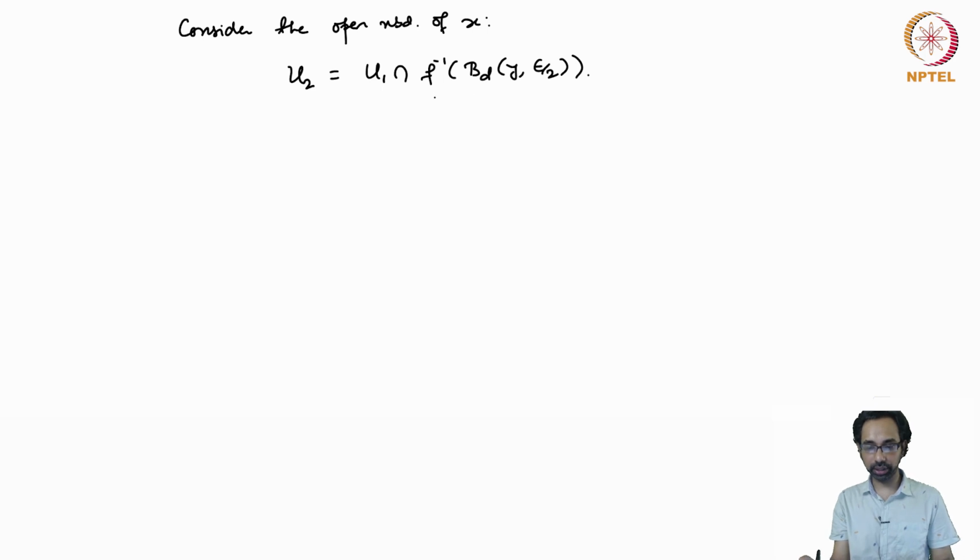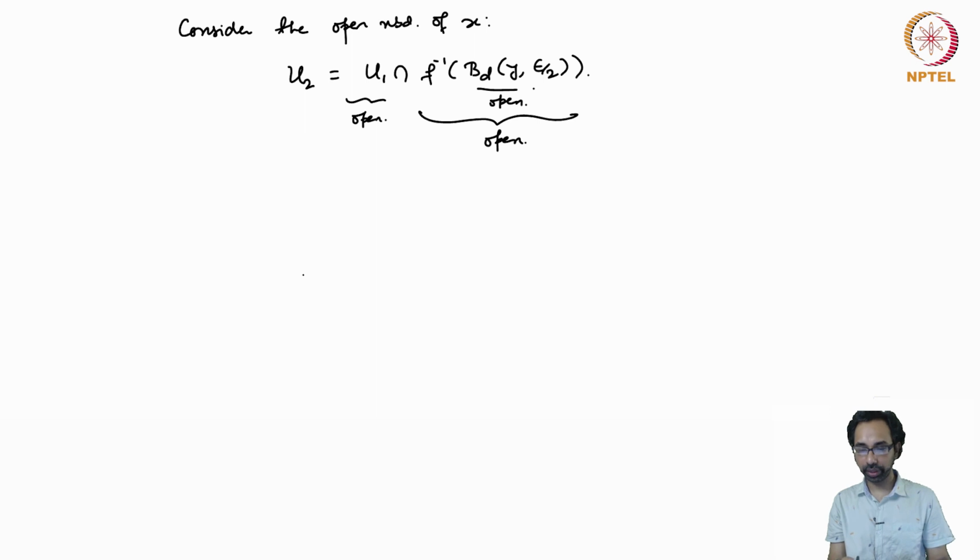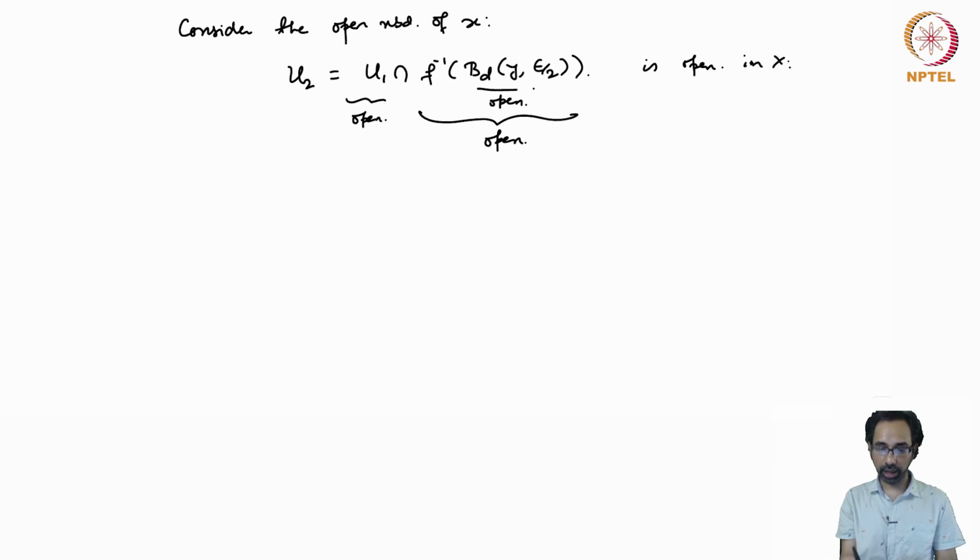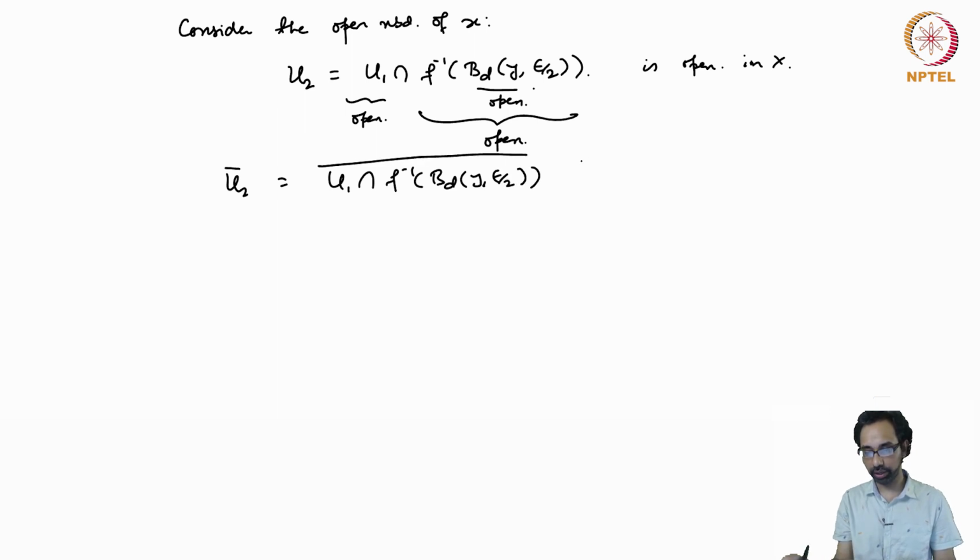So since f is continuous and this is open, this is open, and of course U1 we have chosen to be open, and so U2 is open in X. And U2 closure, this is the closure of the intersection, is a subset of the closure of U1, which is compact.